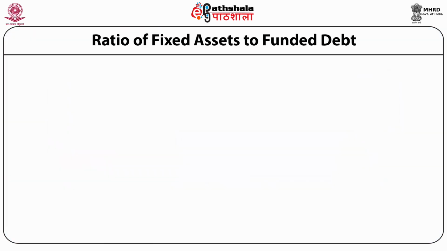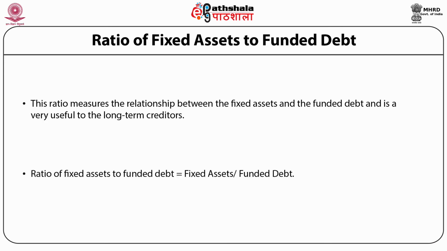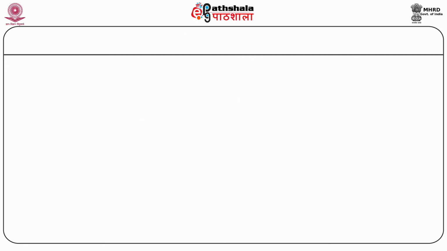Ratio of fixed assets to funded debt. This ratio measures the relationship between the fixed assets and the funded debt and is very useful to the long-term creditors. Ratio of fixed asset to funded debt is calculated by dividing fixed assets by funded debts.